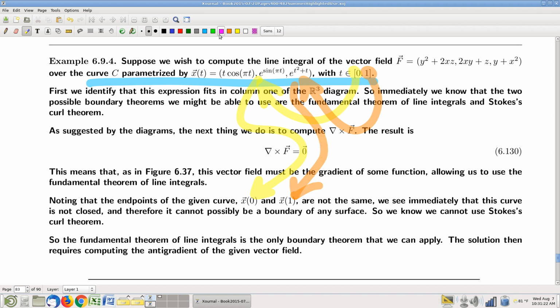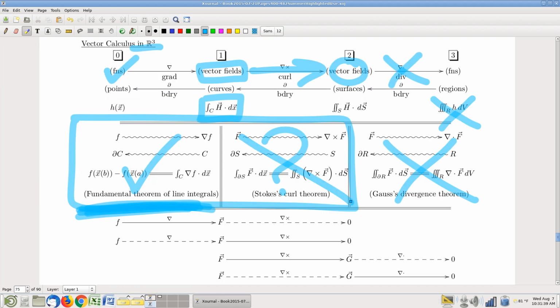And again, now there's some arithmetic there. Y'all can do this, plug it in. These 2 points, they're not the same, not a closed curve, and therefore it does not have an anti-boundary. So that's a no on Stokes' theorem.